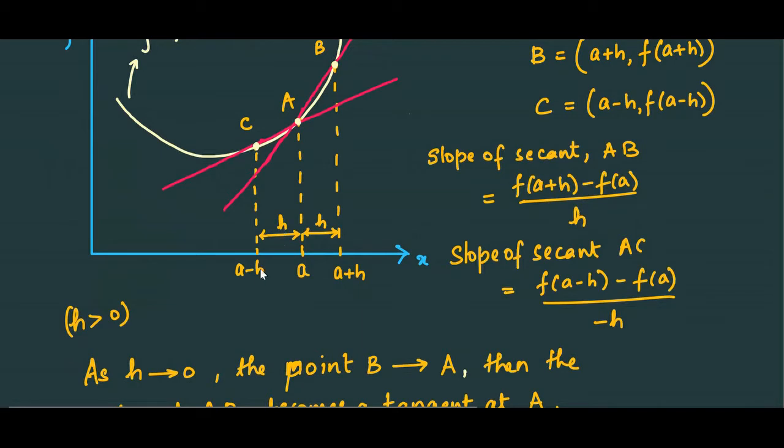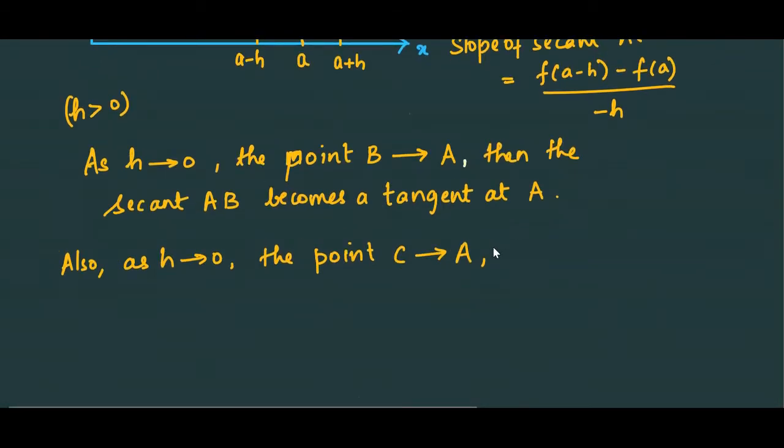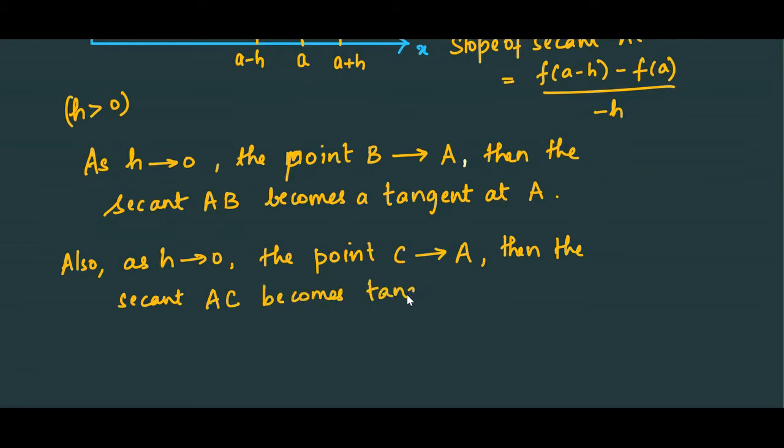As h becomes 0, a minus h comes closer to A. So this point C moves towards A. In that case, the secant AC becomes tangent at A.